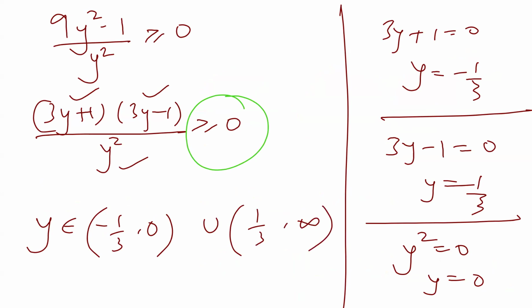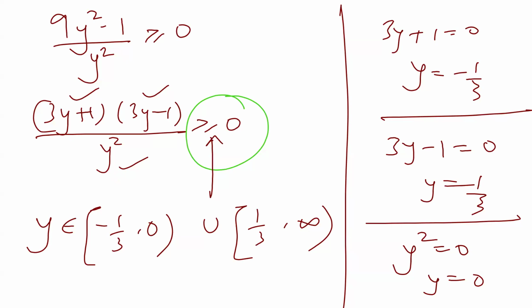Infinity always gets a round bracket. It can be a box bracket at 1 by 3 because there is an equal to sign over here, and minus 1 by 3 is also a box bracket. But y cannot be 0, because if you put y as 0 over here, the denominator will be 0 and everything will be not defined. So 0 will have a round bracket.